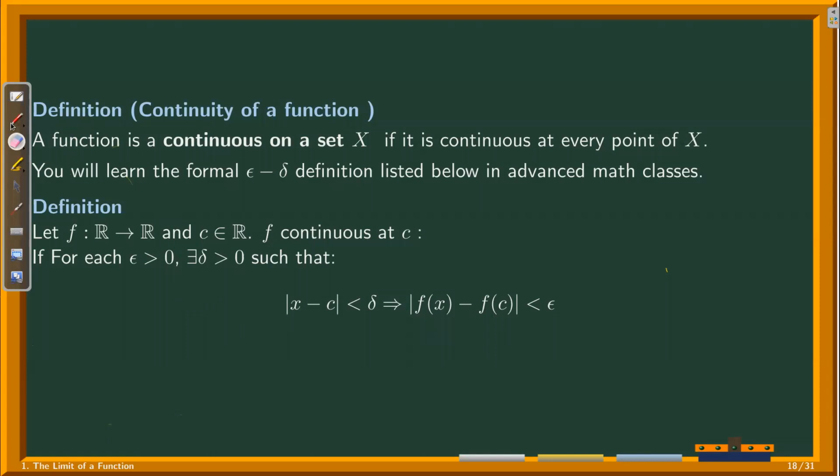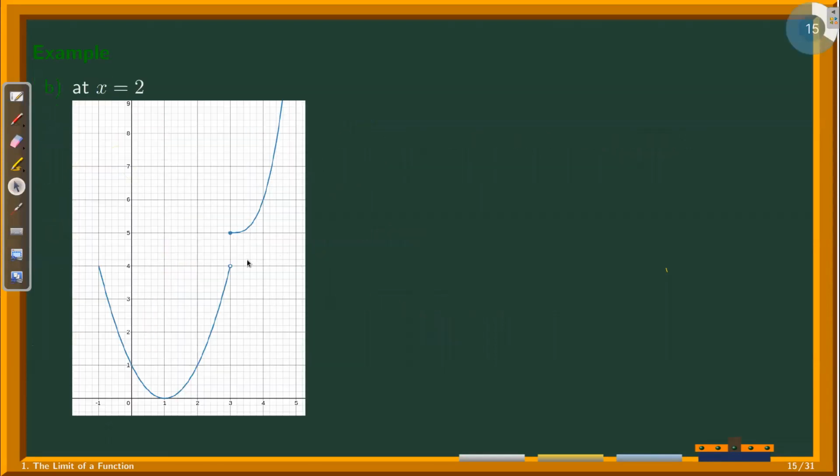Now, any questions? Okay. So for example, B. Yeah, it's not continuous at 3, but all the other points are continuous, because no jumps in the graph. If I check a limit, for example at 2, the limit as x goes to 2 from the negative side of f(x) equals 1, and the limit as x goes to 2 from the positive side of f(x) is also 1.